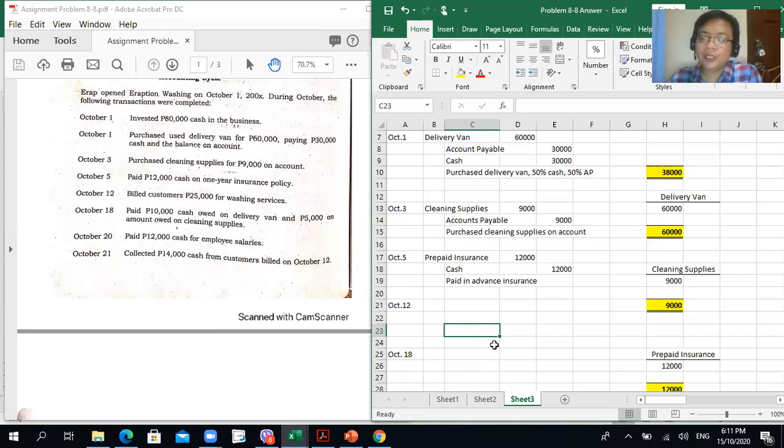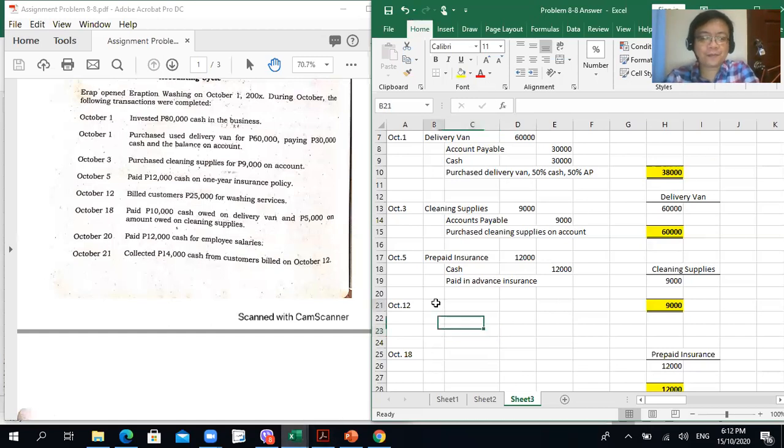The moment na si Lina already prepared the FS, so doon pa lang magcha-charge si Selena or she billed Jay financial services. So meaning, it is now part of the revenue. Okay? So meaning, in the October 12, you billed customers 25,000 for washing services, nangyari na. Okay? So what is the entry for October 12?